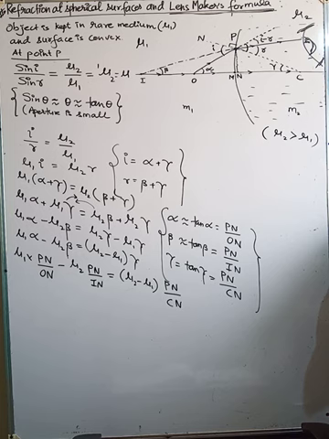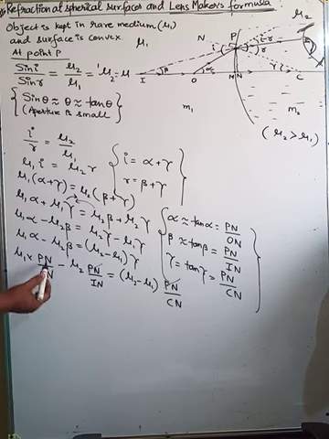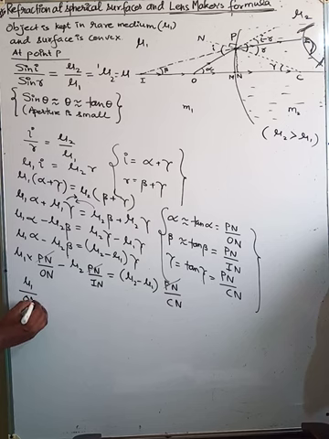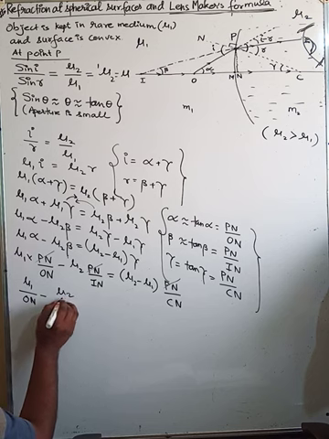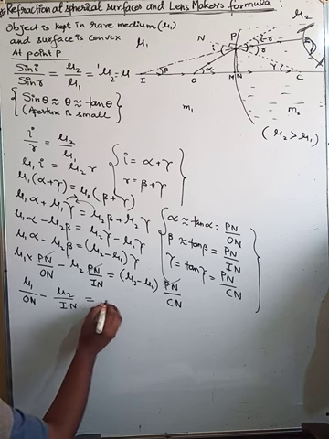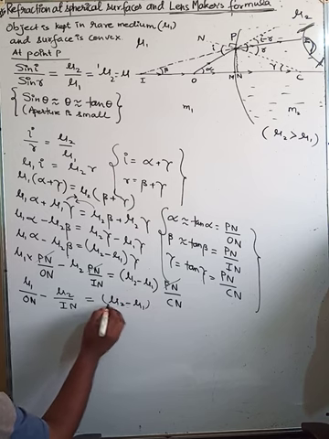Observe on both sides, PN will be taken outside as common, so this PN and this PN will be cancelled out. Now we are left with mu1 upon ON minus mu2 upon IN is equal to mu2 minus mu1 upon CN.